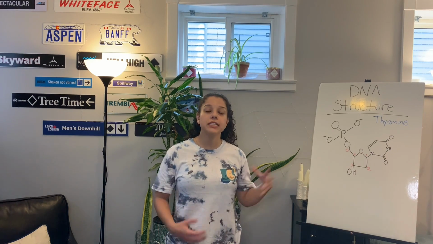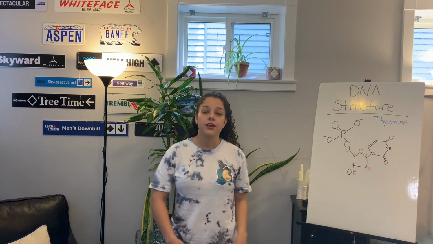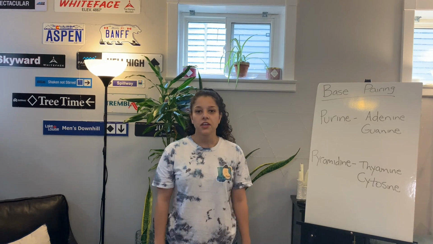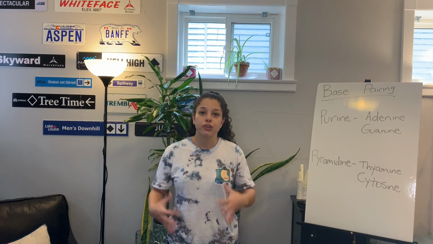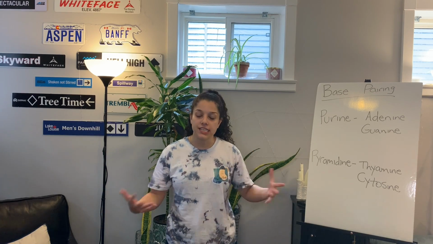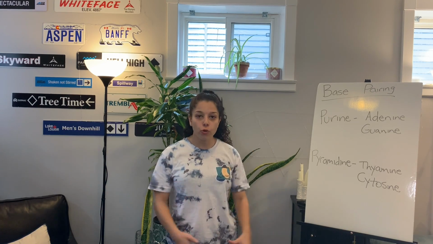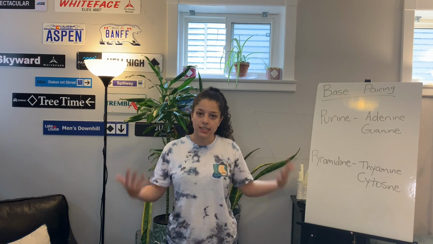So in this example, I showed you a thymine nucleotide, but what about the other ones? There are 4 different nitrogenous bases that can be added to a sugar phosphate backbone and count as a nucleotide for DNA. Those 4 nitrogenous bases are adenine, guanine, thymine, and cytosine.